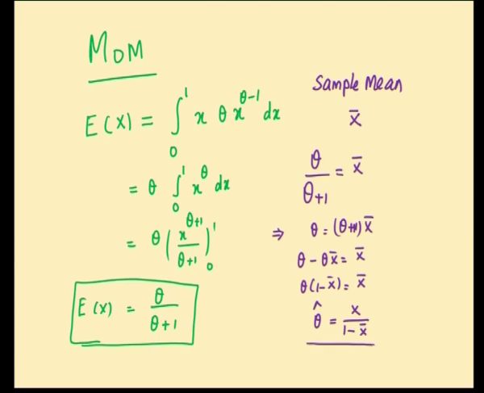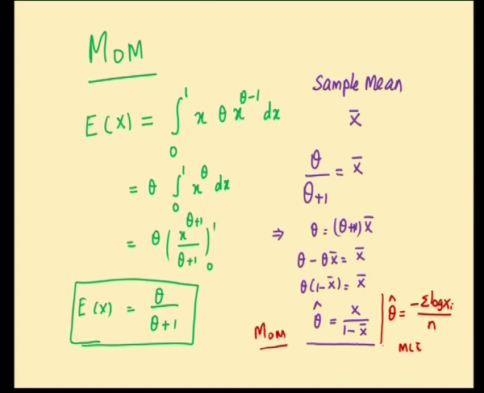So, for quicker comparison, I just recall the answer of MLE: theta hat is equivalently minus of summation of log x i by n. So, this is the answer from MLE, and this is the answer by MOM.